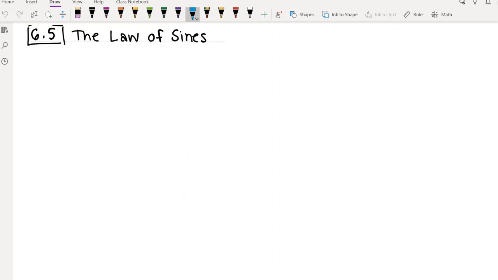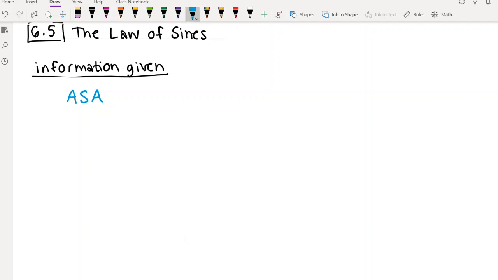So, and we're going to make something like a table, though I hesitate to call it that because it's only going to have two things on it. For example, ASA, that stands for angle, side, angle.